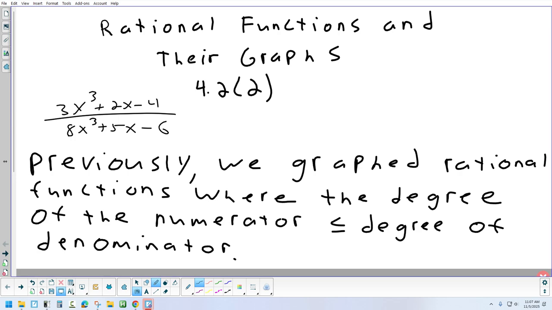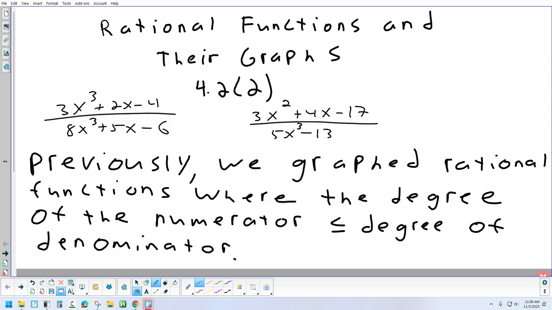That would be a problem where the degrees in the top are equal. And here's one where the degree in the top is smaller. Okay, those are the two kinds of problems we did yesterday.